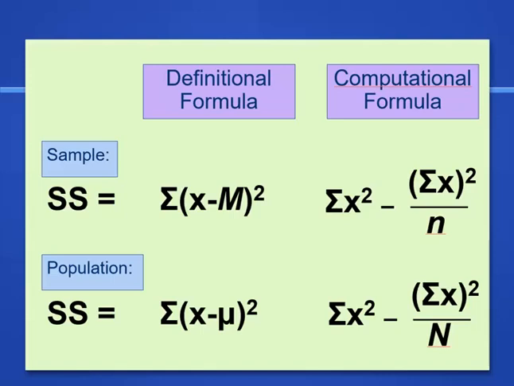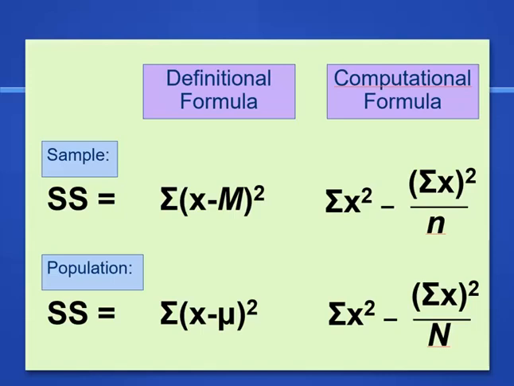No matter how many participants, no matter how many numbers in our data set, or what the average is, if we were to just ignore this squaring and just take the sum of each raw score minus the mean, we're always going to get 0. This is because some of our deviations are negative and some are positive, right?